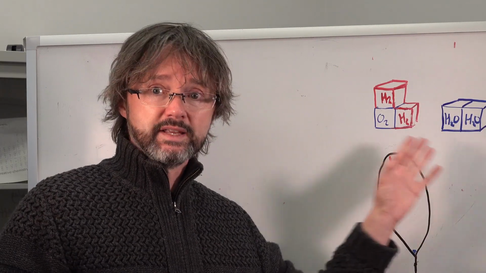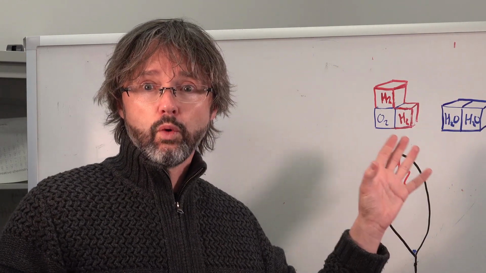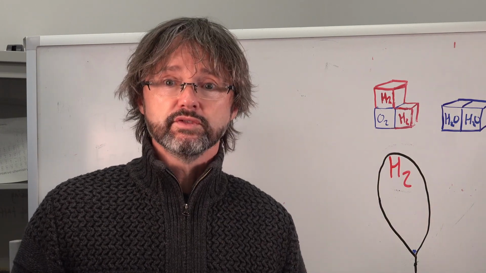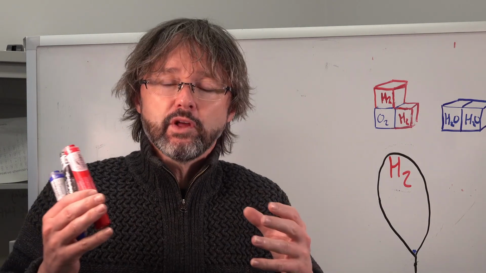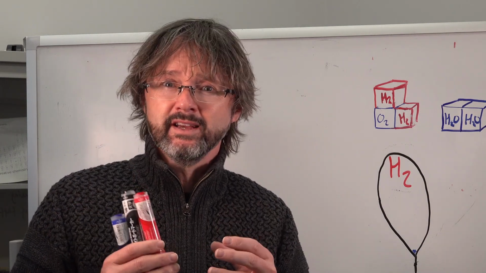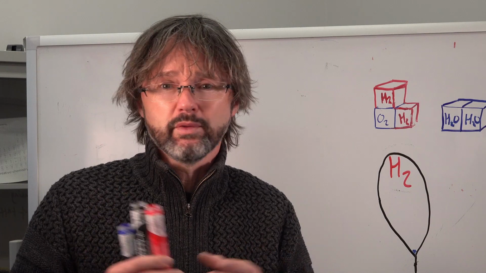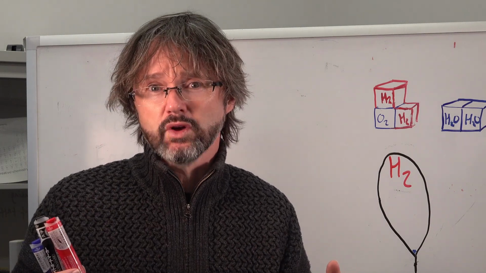Here, these experiments are what the first chemists used to see into the world of molecules. Even though molecules are so tiny, we have only been able to see them within the last 20 years or so.